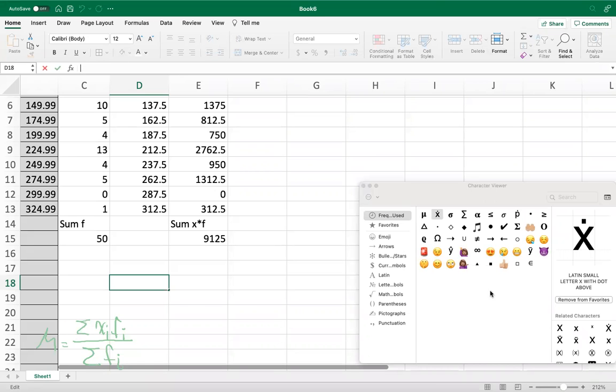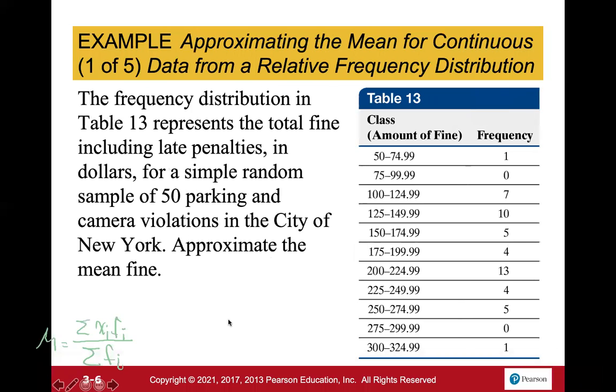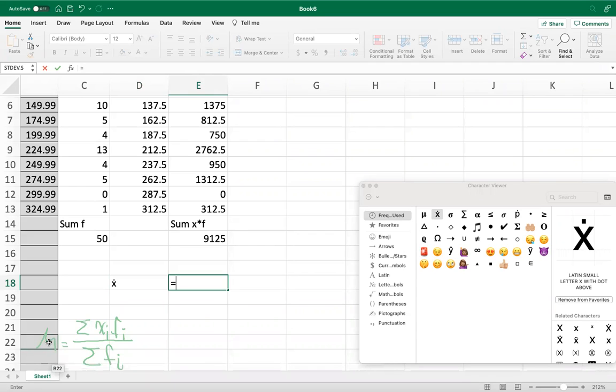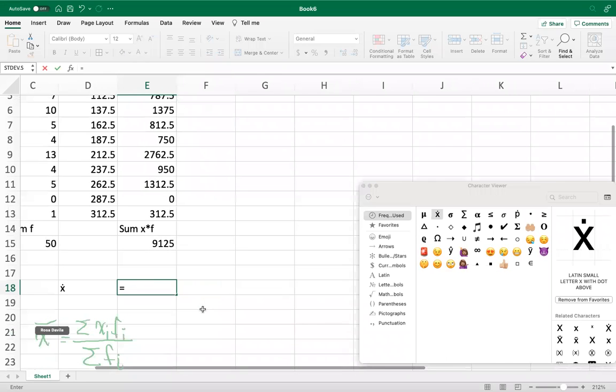And was this? No, this was X bar, because this is a sample, a simple random sample of 50. All right, tab, we have X bar equaling, and I should fix this right here. So it's X bar equaling all of these values. Much better.